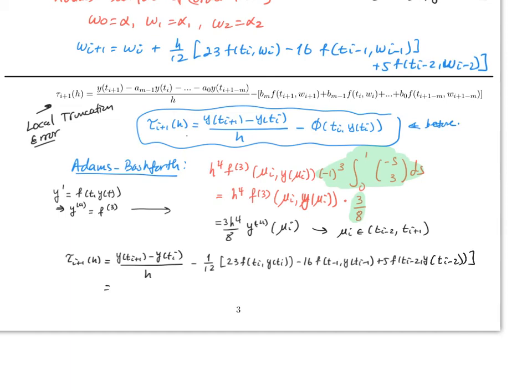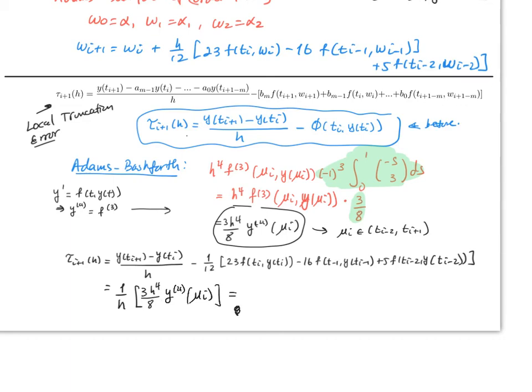Which by definition will be 1 over h times the error we found, which is this one. So this will be times 3h to the 4 over 8, the third derivative, which we already simplified to be the fourth derivative of y evaluated at mu i.